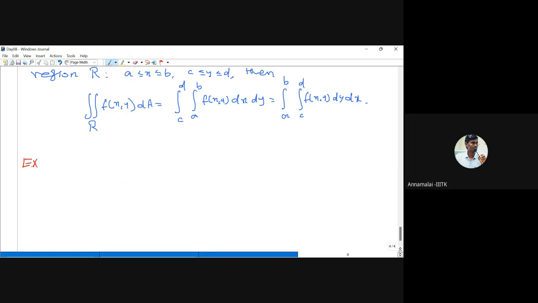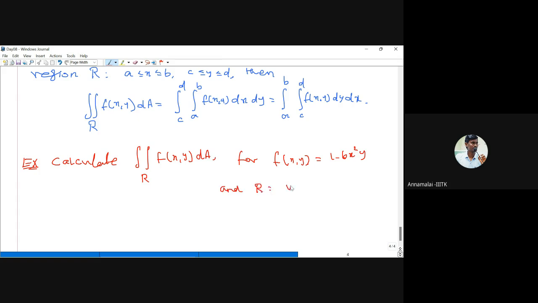So example, calculate the double integral over R of f of x comma y dA for the function f of x comma y equal to 1 minus 6x square y, and the region R is x ranges from 0 to 2, and y varies from minus 1 to 1.